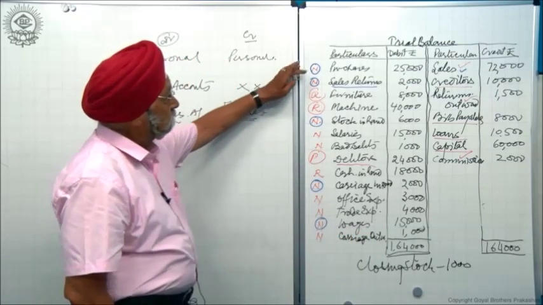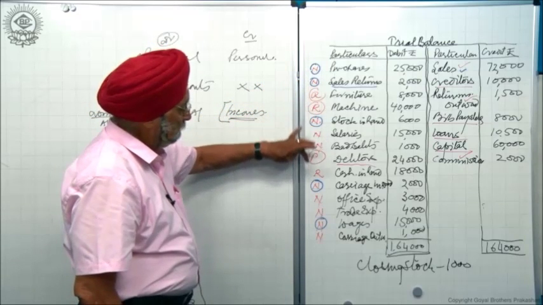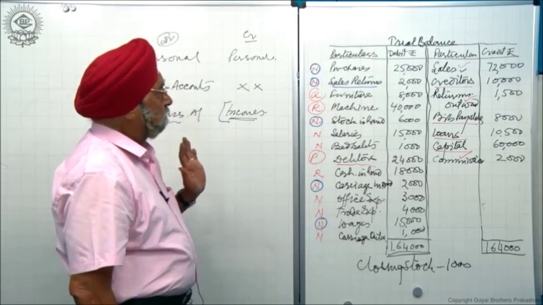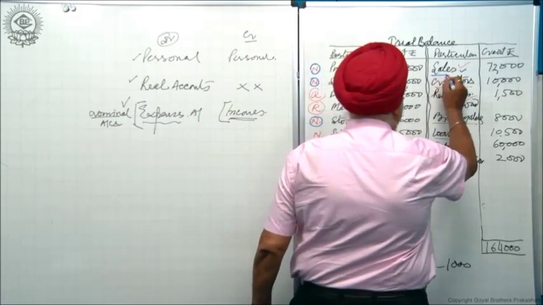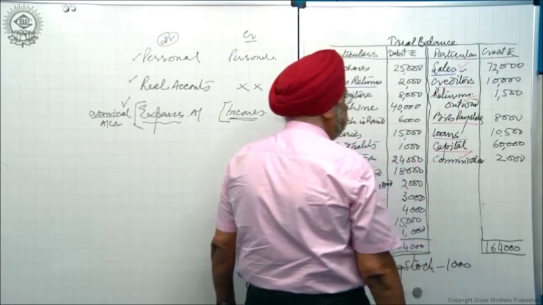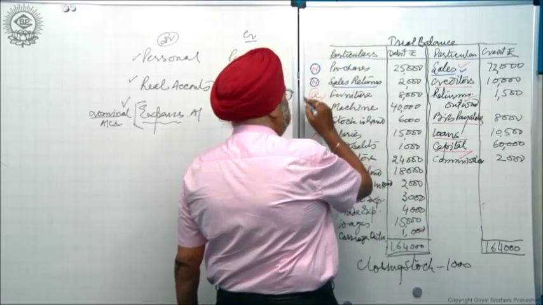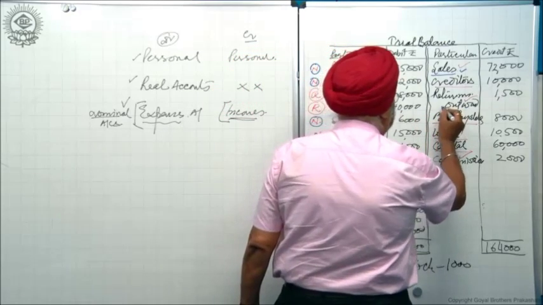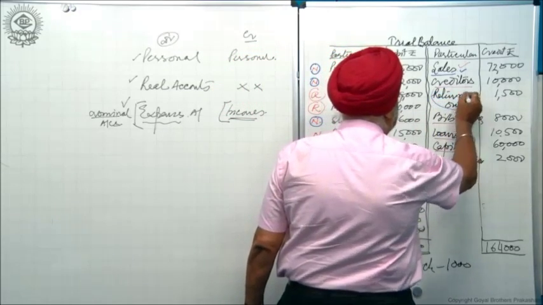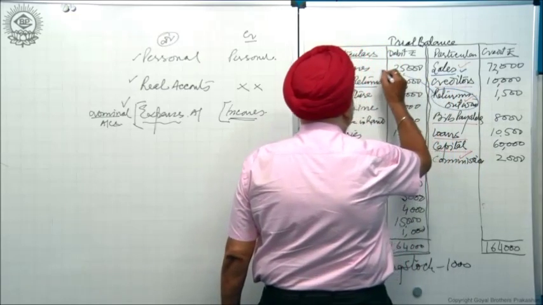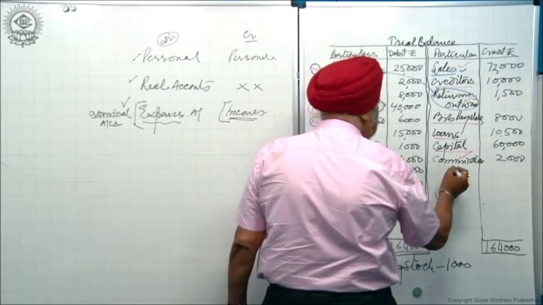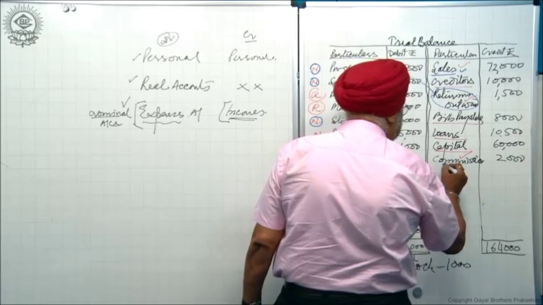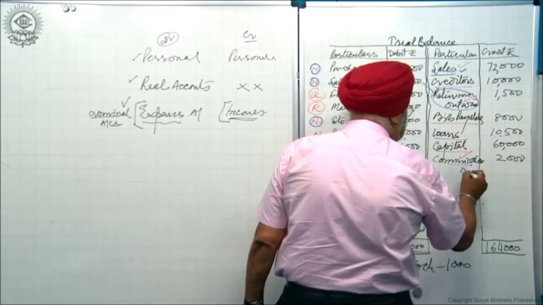So I have 1, 2, 3, 4, 5 direct expenses. On this side I have this sale. Okay? And here I have returns outward. These returns outward will be deducted out of the purchases to find out the net. And this commission is an indirect income.